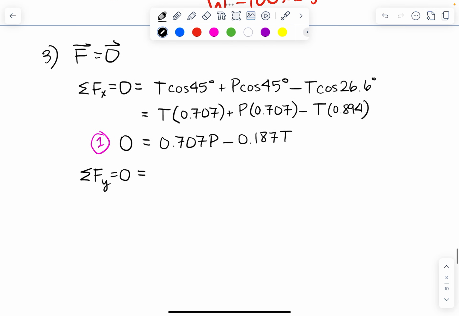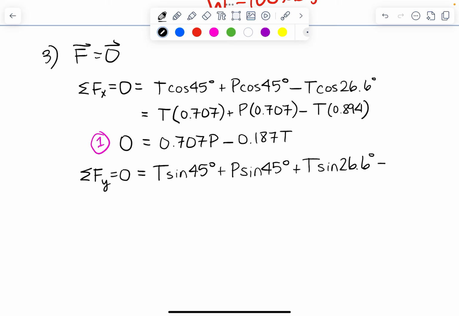So let's write all these out. We've got t sine 45 degrees plus p sine 45 degrees plus t sine 26.6 degrees, and then minus our weight of 100 pounds.